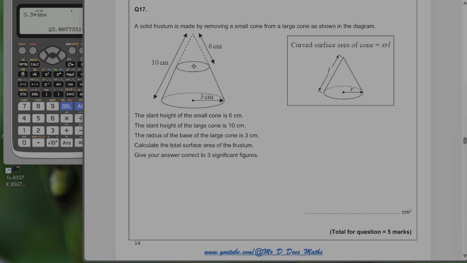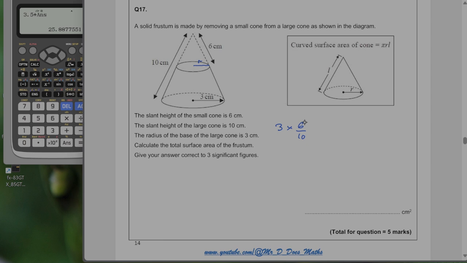Okay, the first thing then that I want to work out is the radius of the smaller cone. So the radius of the smaller cone, we can do this with a scale factor between the lengths. So what I would need to do is 3 times by the scale factor, which would be 6 over 10.